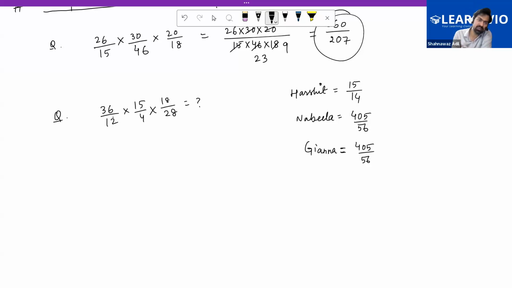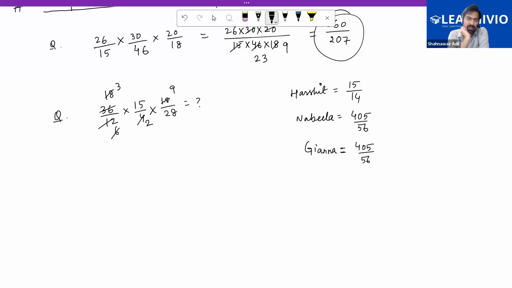So let's simplify this first. This is 12 and this is 36. Let's do it with 2, so 2 sixes are 12, and then 2 eights. And then again it can be divided by 6 only, so 6 threes are 18. And the other is 2, and then this is 9.